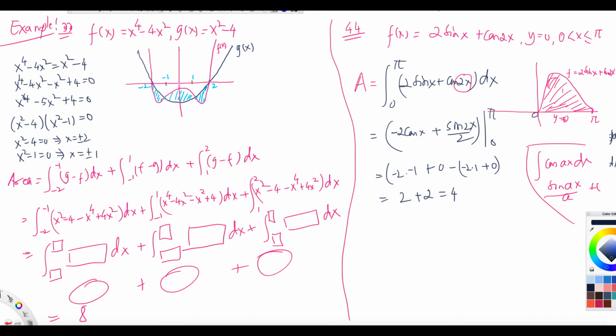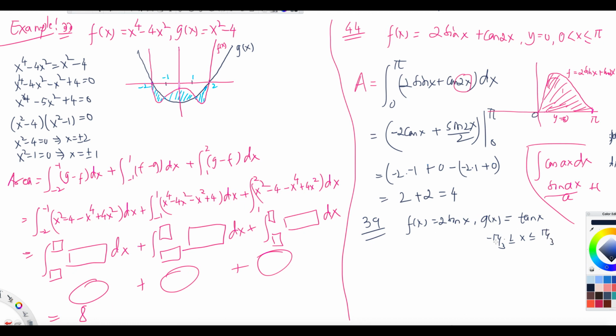So you can do that problem similarly. It's not different at all. For 39, it says f(x) equals 2 sine x and g(x) equals tangent x, between negative pi over 3 and pi over 3, so negative pi over 3 is less than or equal to x is less than or equal to positive pi over 3.